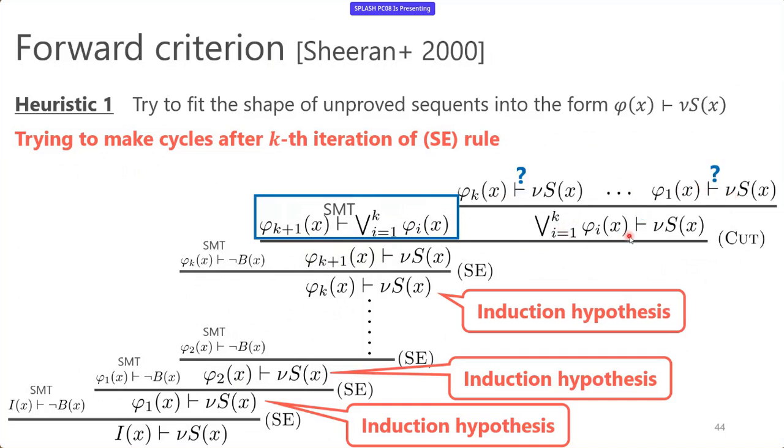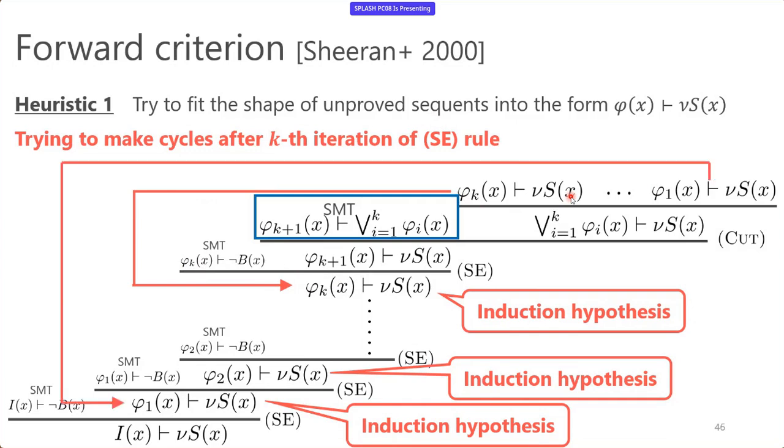Note that this one can be further rewritten into these sub-goals, where we have phi k and so on down to phi 1 in the left-hand side, which can be closed by making backlinks like this.